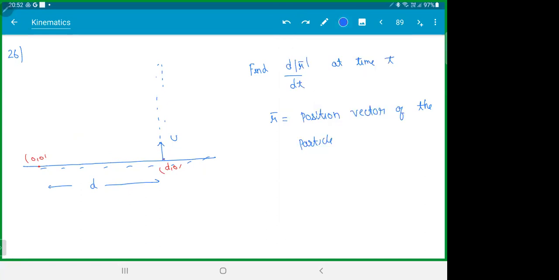So let's see how will you do this. I think we discussed this in vectors. Not the mod of dr by dt, the speed. d mod r by dt is not speed. This is something else. Try. You got a minute.